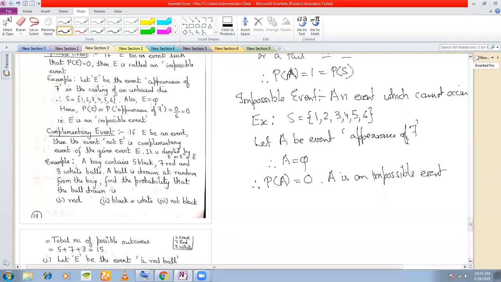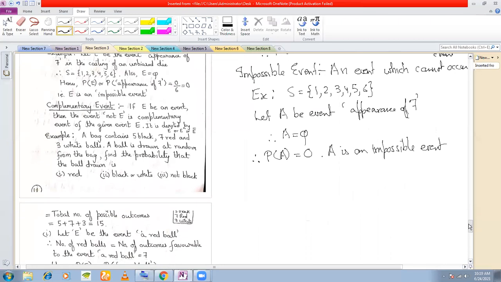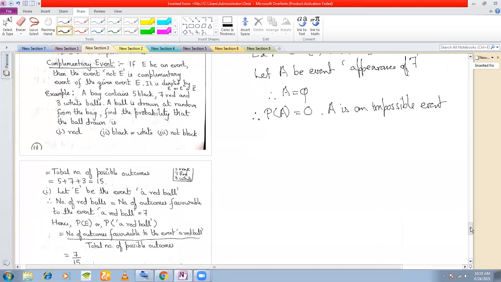Here S is called a sure event. Okay. Next definition is complementary event. Very important definition. Complementary events. Now, what do you mean by complementary events?